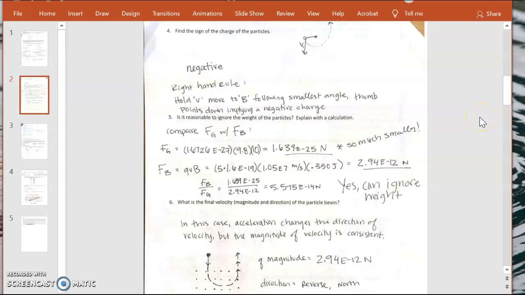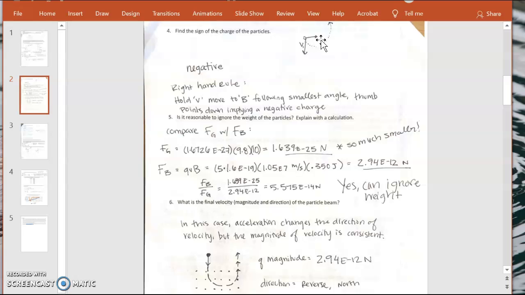Okay, find the sign of the charge of the particles. So the charge of the particles is negative, and I know this because of the right-hand rule, so I'm imagining grabbing hold of this velocity axis, if you will, and moving it to the direction that B is facing, which is 90 degrees this way.